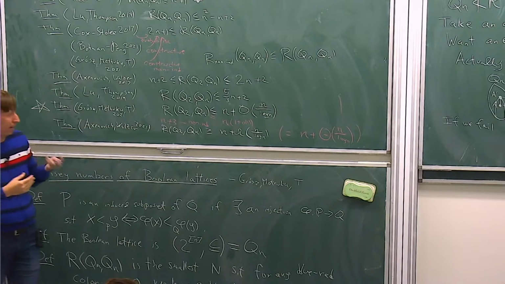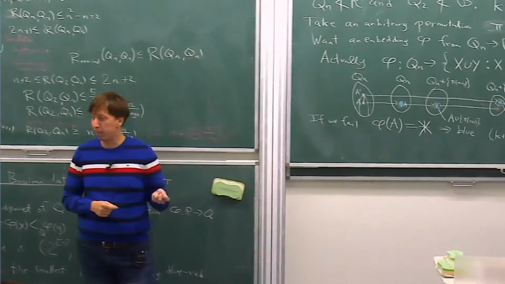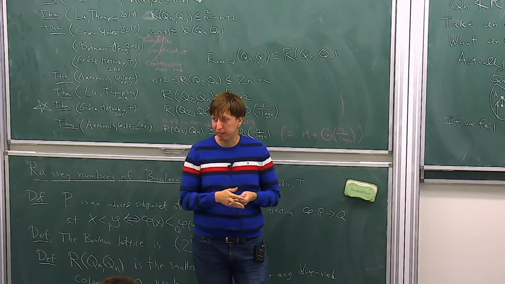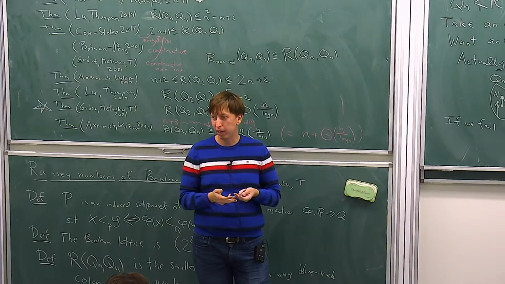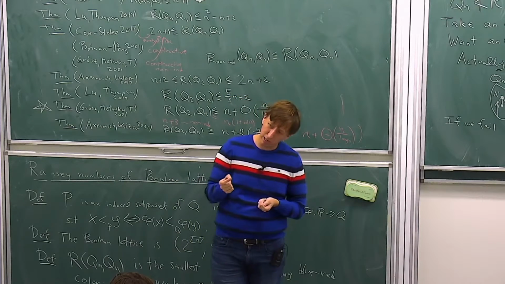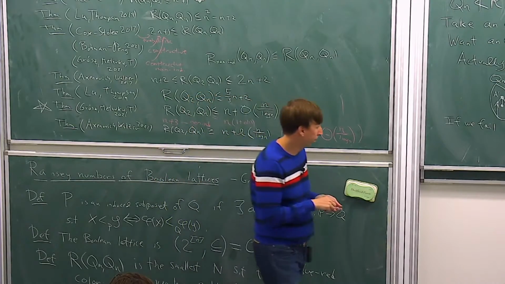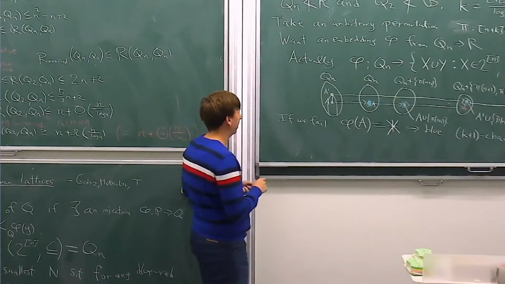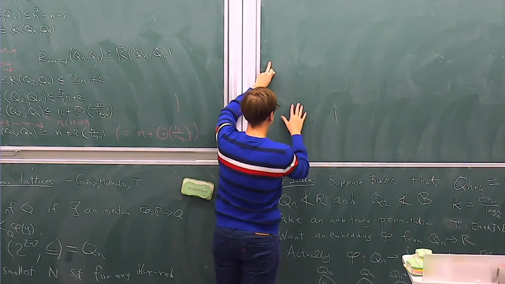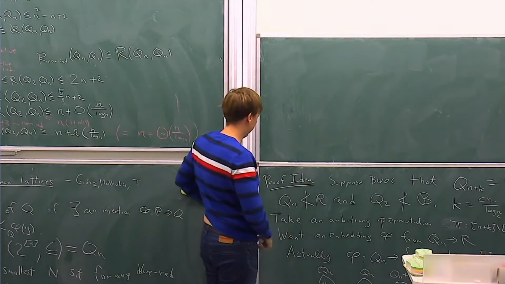So in essence, we fixed a permutation pi, and we've tried to embed Qn into the red sets. We know we have to fail, and then we know when we fail, what we will find somewhere is a blue k+1 chain. Let me just write it schematically.